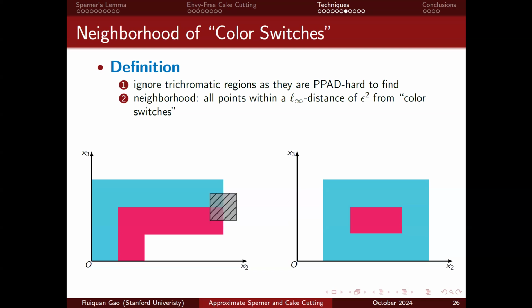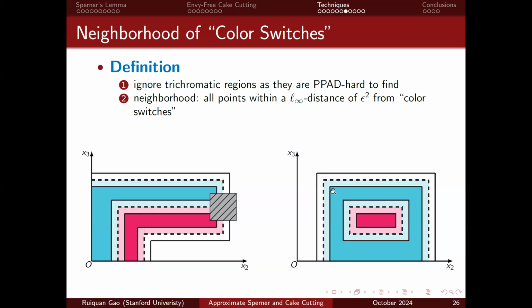Then the color switches are shown by the dashed lines in both figures. The neighborhood is then defined as a set of points that are within a much smaller distance than epsilon to these color switches, which are shown by the transparent regions.